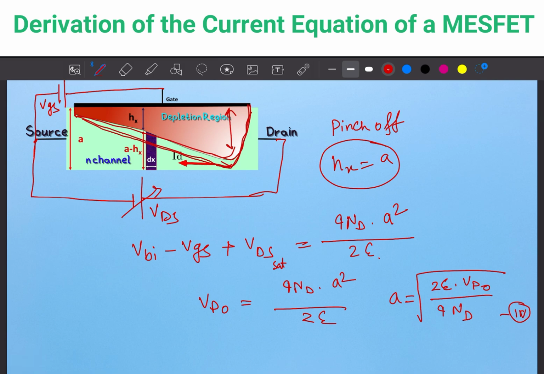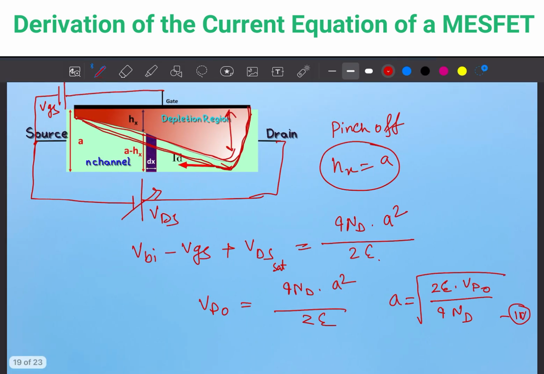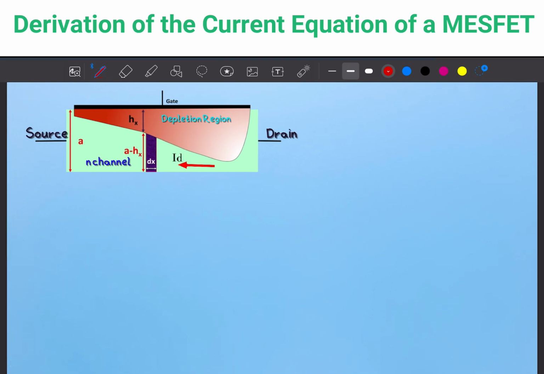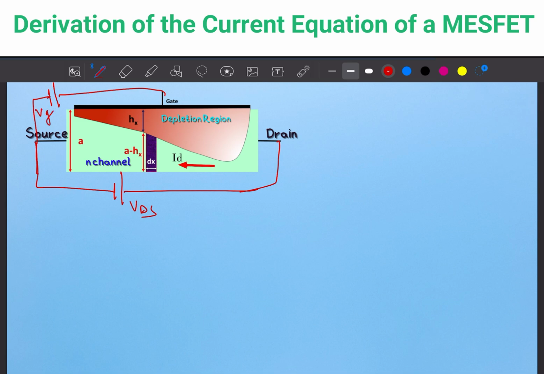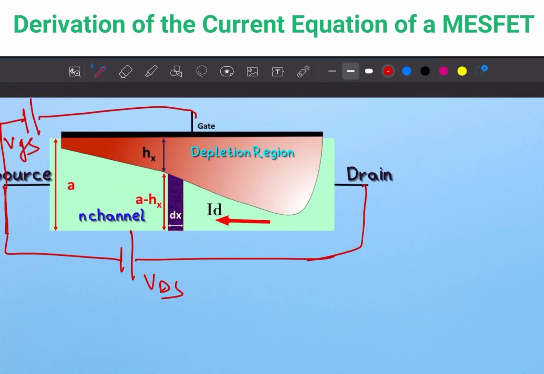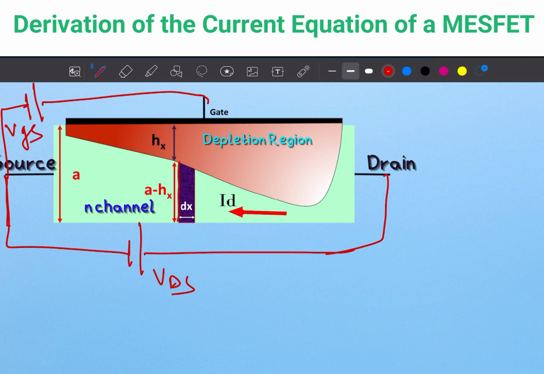Now, let's calculate the current. Here we connect the voltage source VDS, and here the voltage source VGS. Let's calculate the value of ID. So here we take a small channel section of length dx, and here the depletion region height is hx.